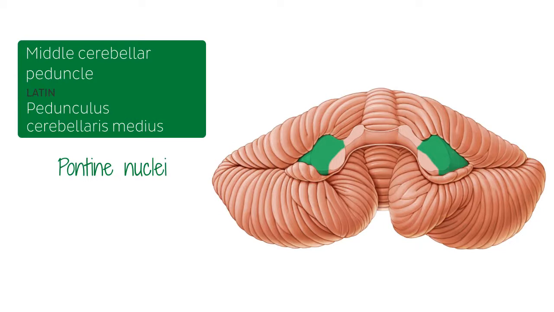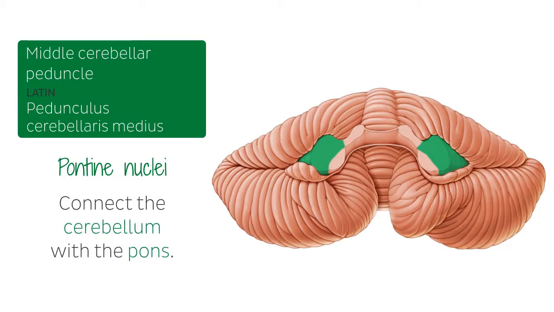So the middle cerebellar peduncles connect the cerebellum with the pons. This is the most important afferent connection of the cerebellum because the pontine nuclei receive input from the cerebral cortex, and finally the stimuli arrive via the middle cerebellar peduncles in the cortex of the cerebellar hemispheres.